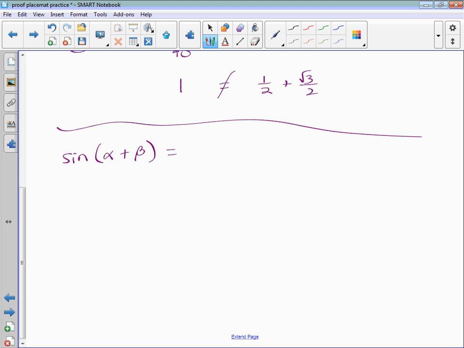This is equal to the sine of alpha times the cosine of beta plus the cosine of alpha times the sine of beta. Okay? Yes, that is true. You'll see a pattern here very quickly.